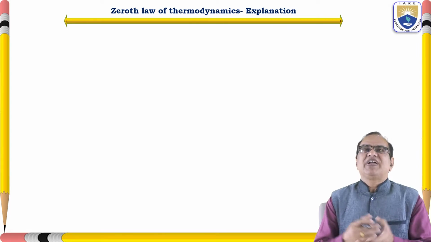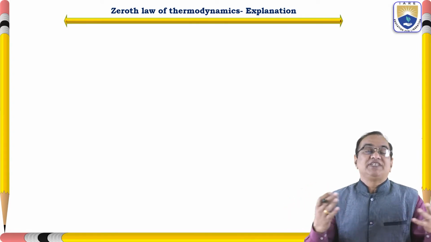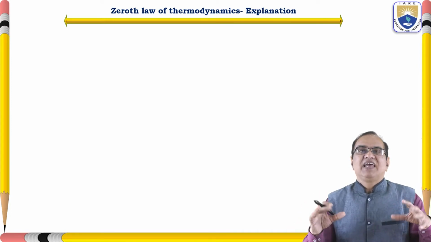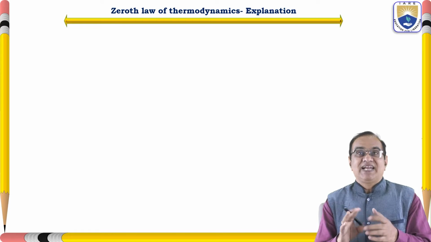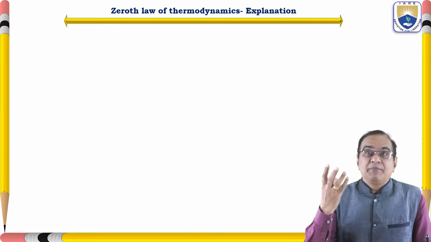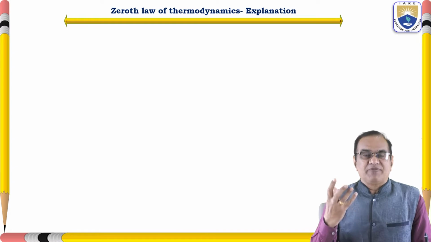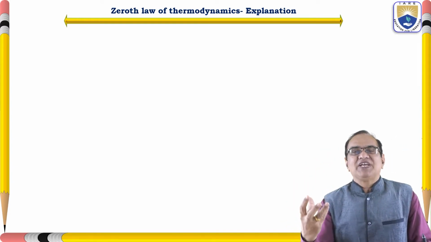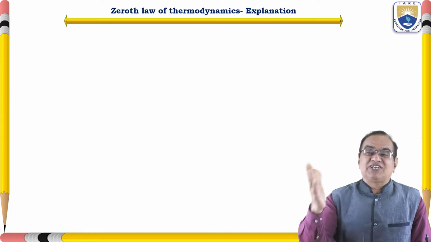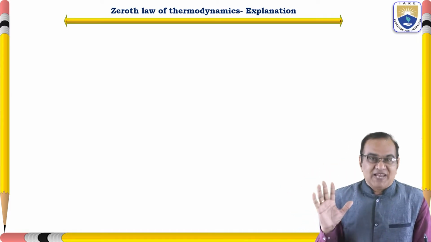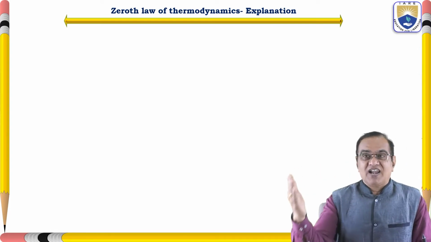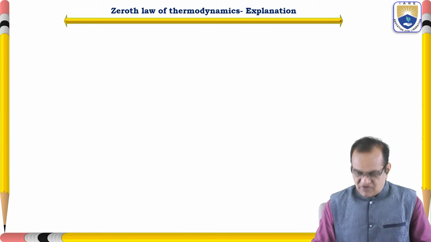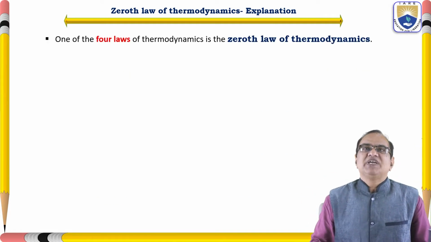Many scientists gathered and debated. Lastly, Fowler gave a very good suggestion: since temperature defines equilibrium, and the first, second and third laws also involve the application of temperature and heat transfer, it should be placed before them. So it was named the Zeroth Law of Thermodynamics.